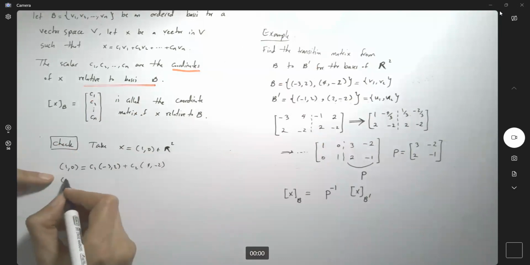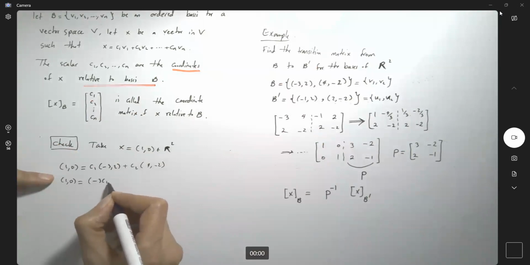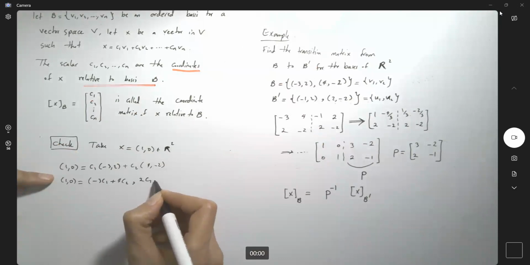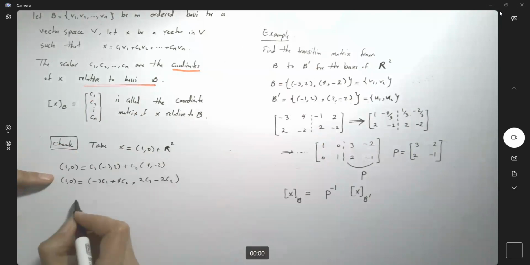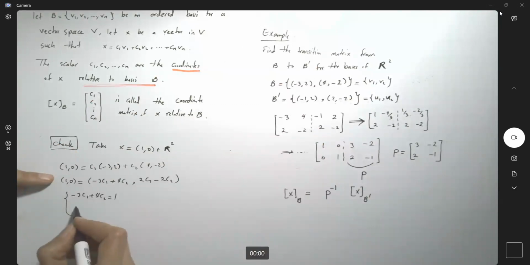So basically, -3c1 plus 4c2 is 1, and 2c1 minus 2c2 is 0.